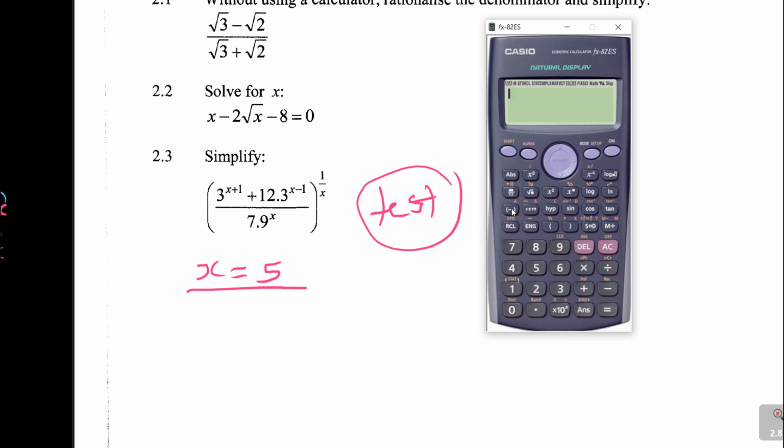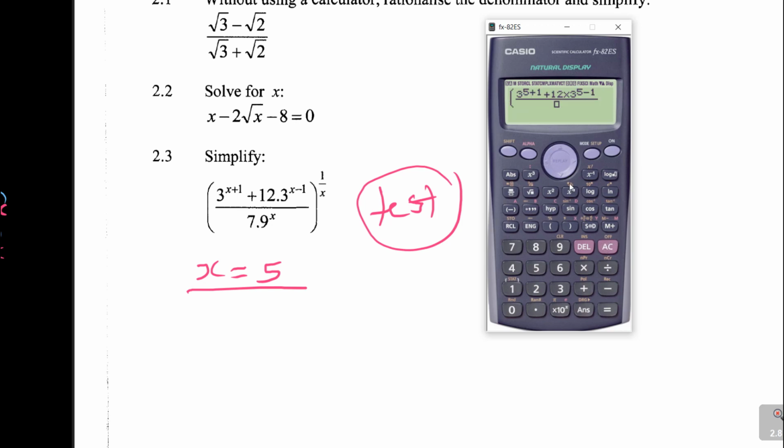So I start with what? I start with a bracket, and then inside is a fraction, which is 3 to the power x. Remember, it's 5 plus 1. Any value, guys, any, plus 12 times 3 to the power, and then x, which is 5 minus 1.